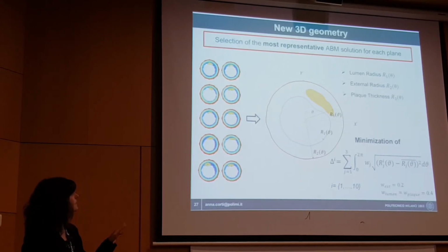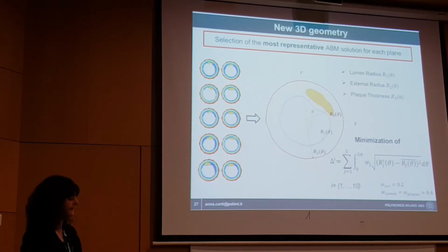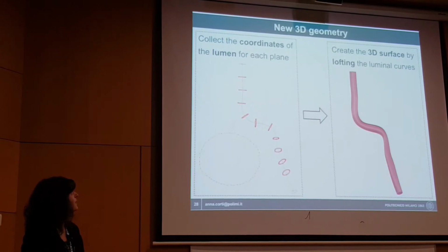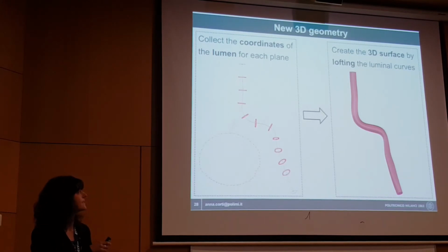For each of these outputs, the deviation from the average configuration is computed regarding the lumen radius, the external radius, and the plaque thickness, and the configuration which minimizes this quantity is selected. For each of the selected configurations, the luminal coordinates are collected, and the new three-dimensional geometry is built by lofting the luminal curves.